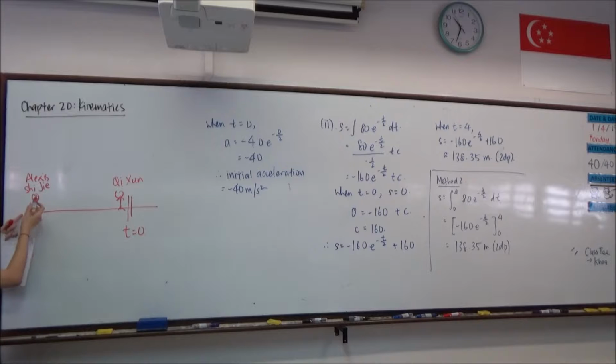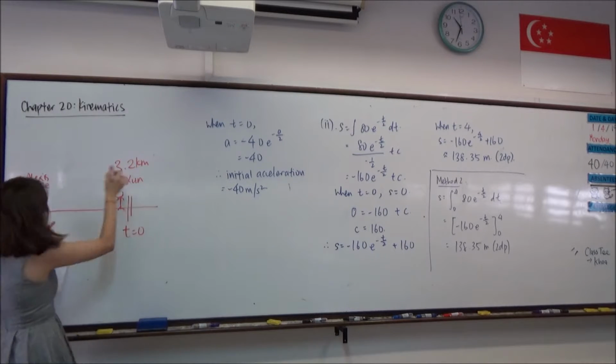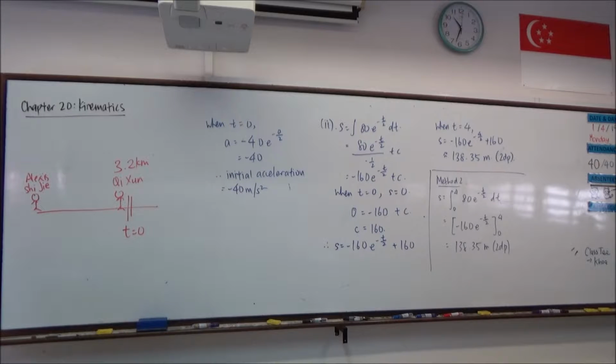Qixun might have covered the real 3.2 km, but Alexis and Shijie might have covered maybe 100 meters more because they measured from where they started. That's why your t equals to 0, but the time we measured was from here instead. But the distance covered by them is actually different. So s is 0 in this case, because of how the question is set.